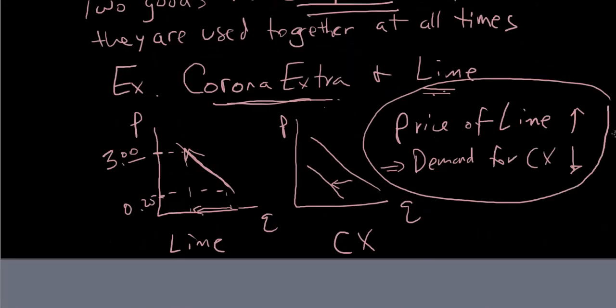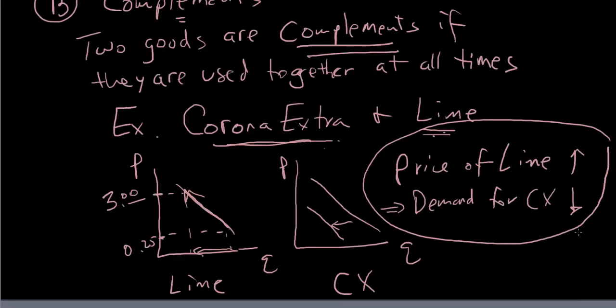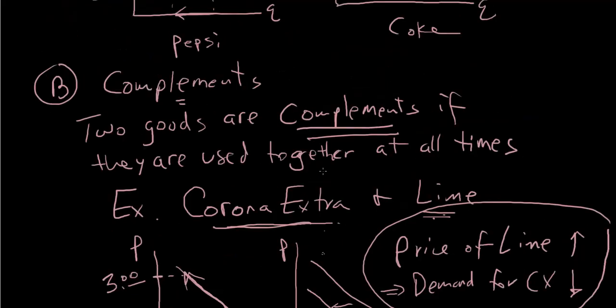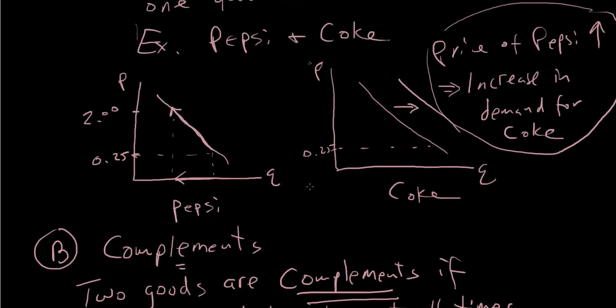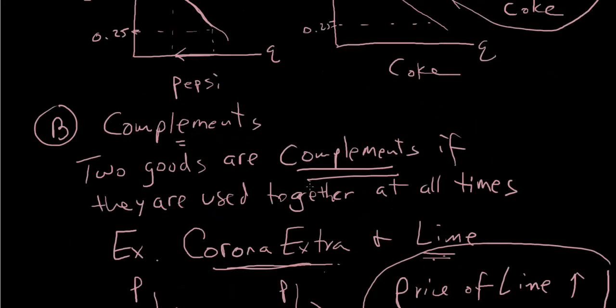And for complements, if the price of one good goes up, then there is a decrease in the demand for the other good, right? And yeah, these are some of the factors causing changes in demand there, right? And there are more, but I think that should be enough there, right?